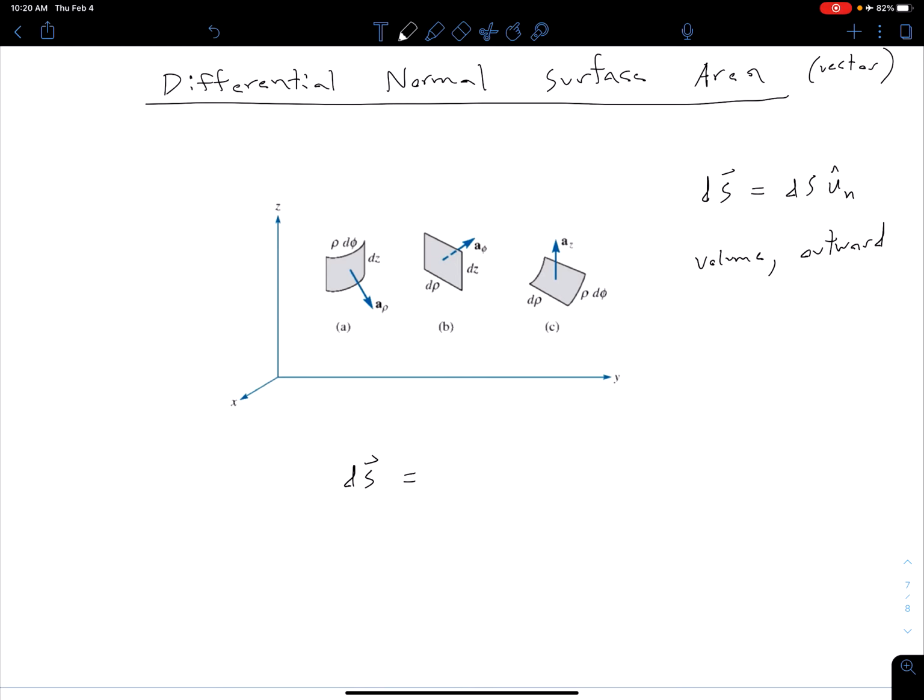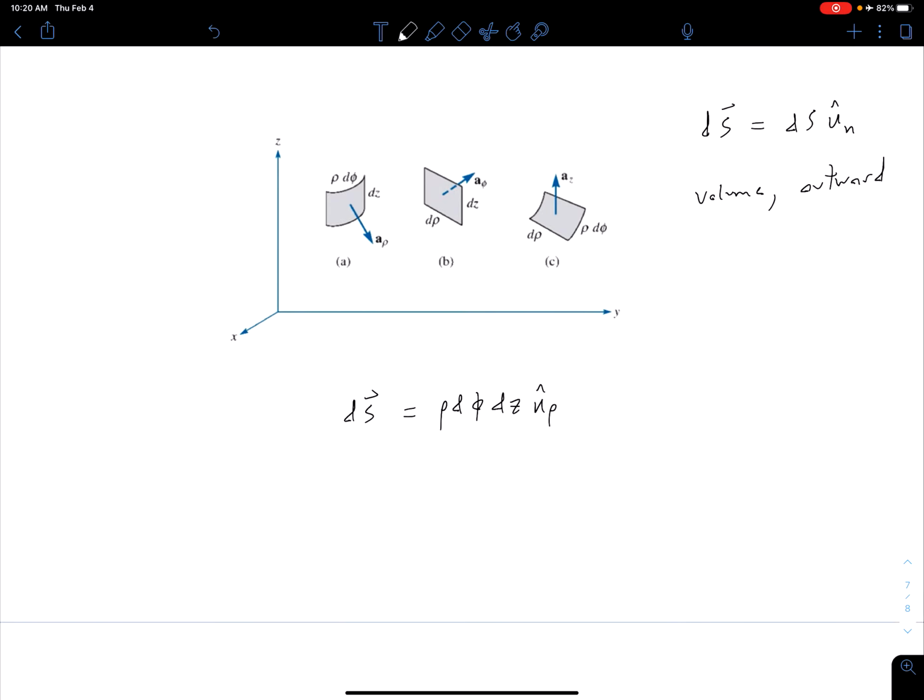So for this first one shown in A here, we're going to have rho d phi dz in our rho direction. For our second one shown here, we're going to have simply d rho dz in our phi direction. And then finally for this one here, we're going to have rho d rho d phi in our z direction.